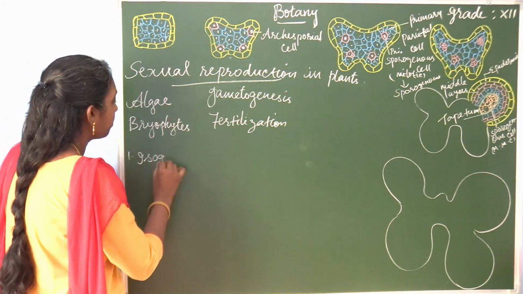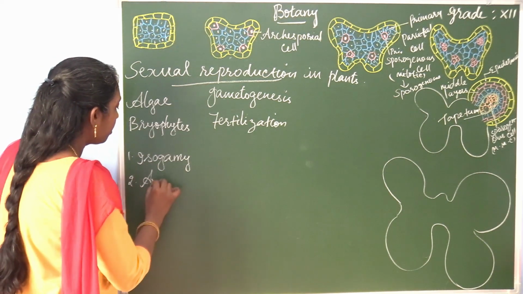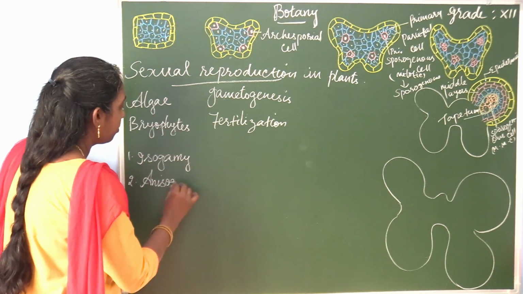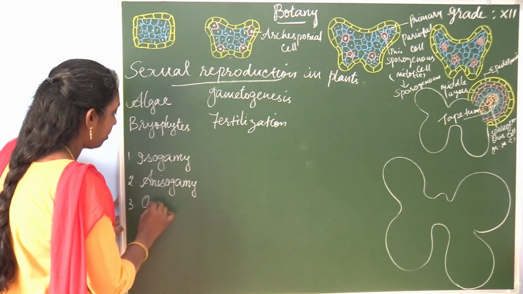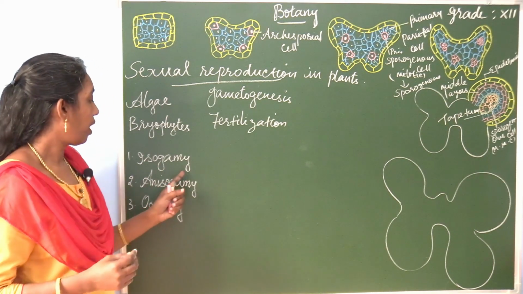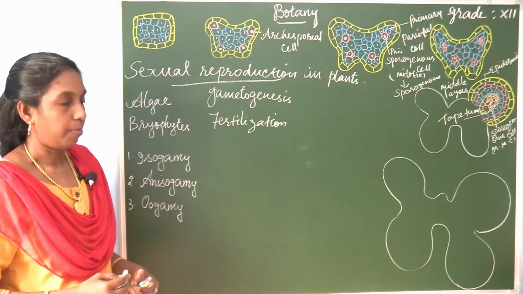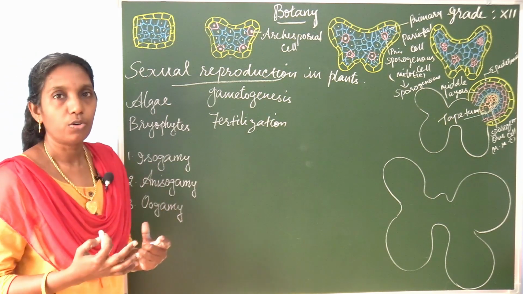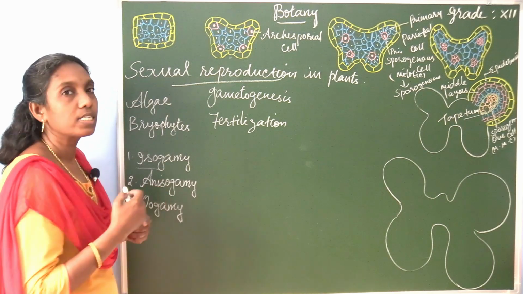There are three different types of gametic fusion named as isogamy, anisogamy and oogamy. What is isogamy? The meaning of iso is same or similar.